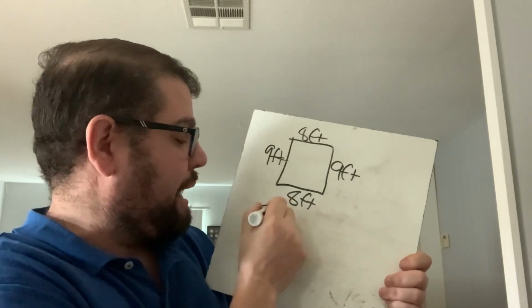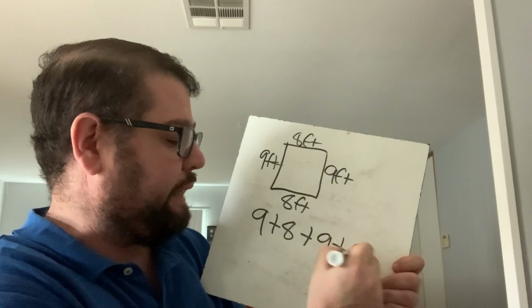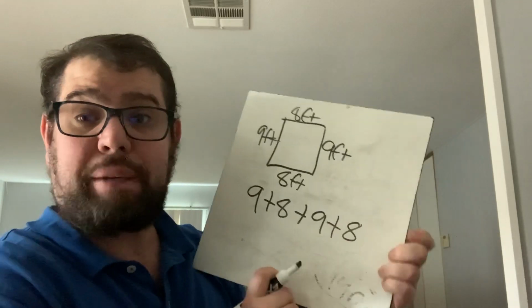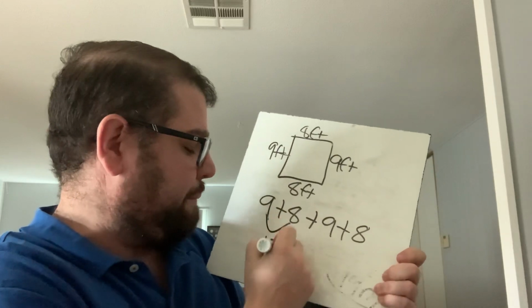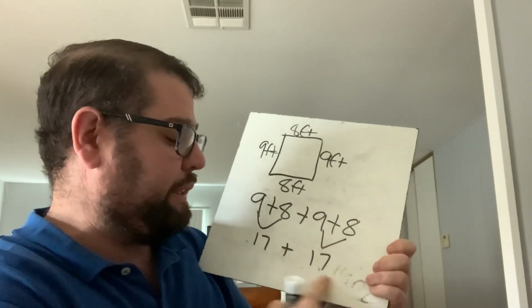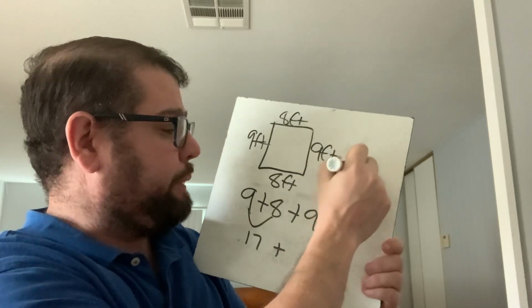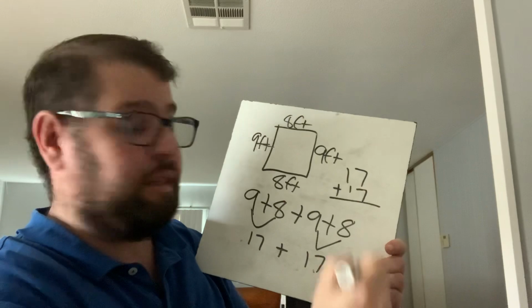So I'm going to have 9 plus 8 plus 9 plus 8. I don't have a calculator with me, so I'm going to show you 9 plus 8 is 17. 9 plus 8 is 17. 17 plus 17, I'm going to do it up here so you can see it. 7 plus 7 is 14.